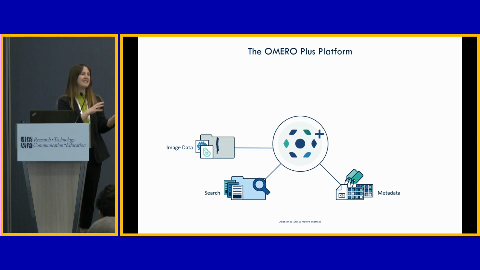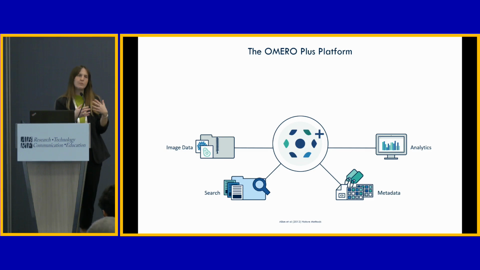And so all of that metadata is information that you can bring in to OMERO Plus, tagging those images with compound information, maybe patient information, anything that describes the experiment. And of course, that goes back into those search indices and your ability to find the data that you care about.